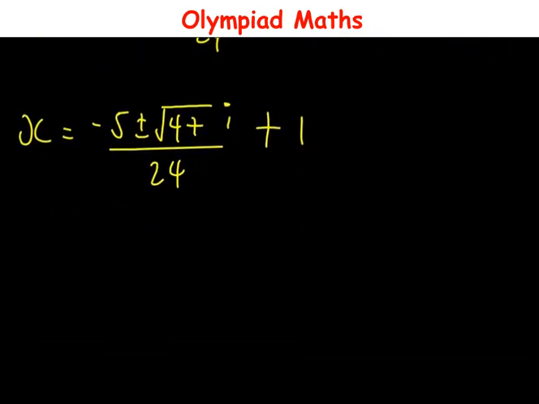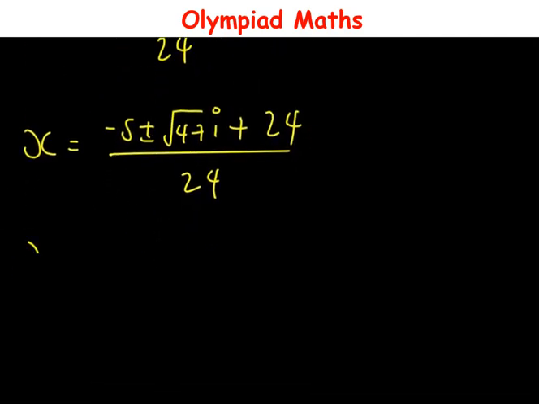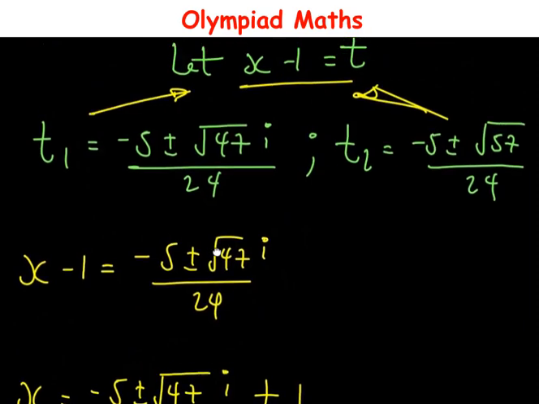The LCM is 24, so this becomes minus 5 plus or minus root 47 times i, plus 24. The solution for x is minus 5 plus 24, which is 19 plus or minus root 47 times i over 24. Okay, good. That is for the first solution of t.